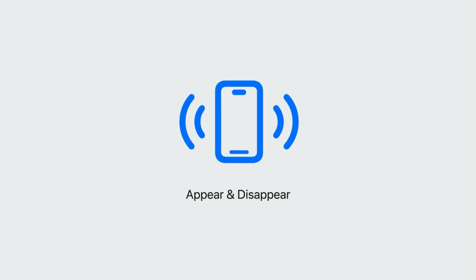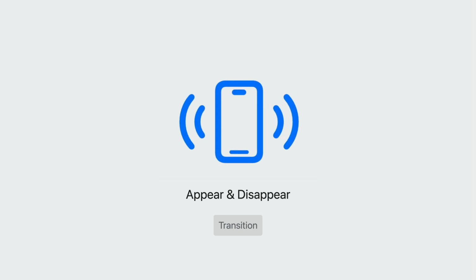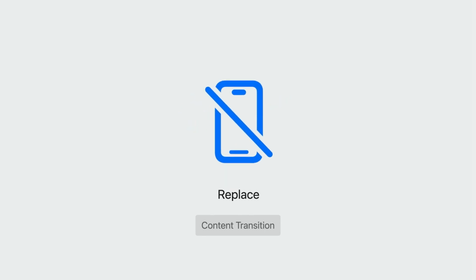Appear and disappear support transition behavior. They can transition the symbol in and out of view. And finally, replace is a content transition. It animates from one symbol to another. So that's the 4 different behaviors: discrete, indefinite, transition, and content transition.